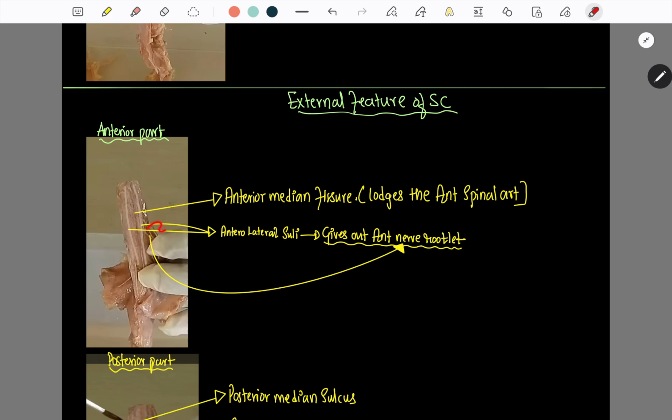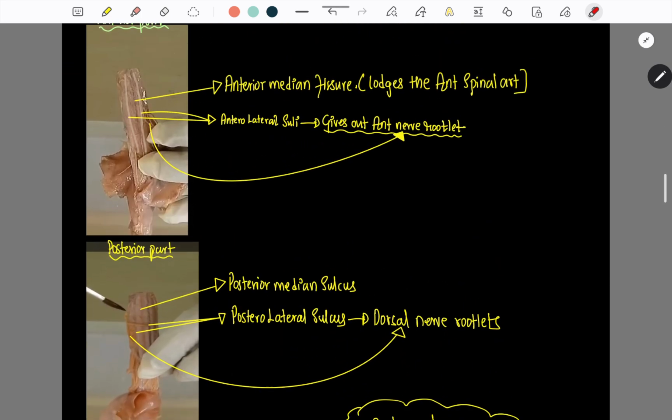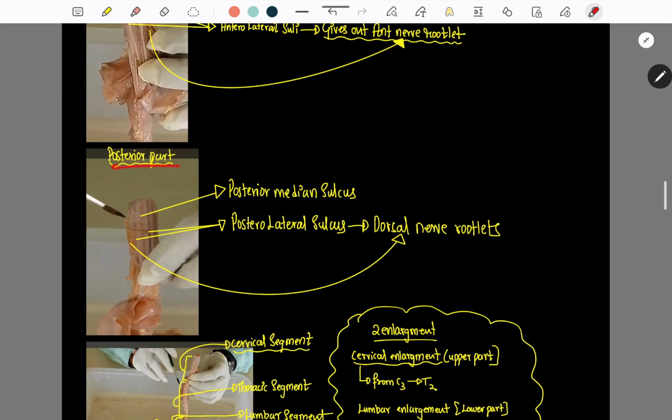Here, see, you can see this part. These are the anterior nerve rootlets from the anterolateral sulci. Okay, in the posterior part, the posterior median sulcus is present. Beside that, as we said above, the posterolateral sulcus.